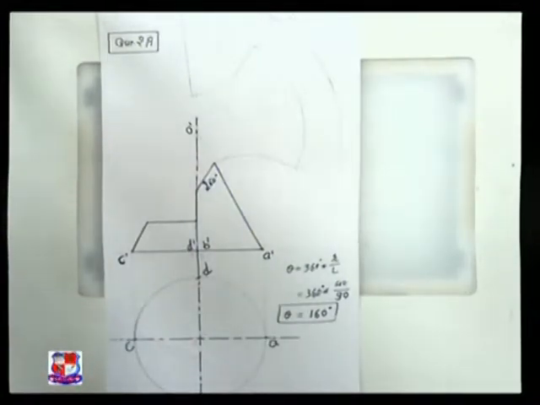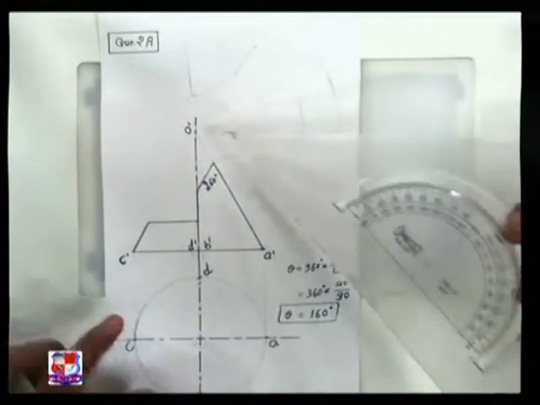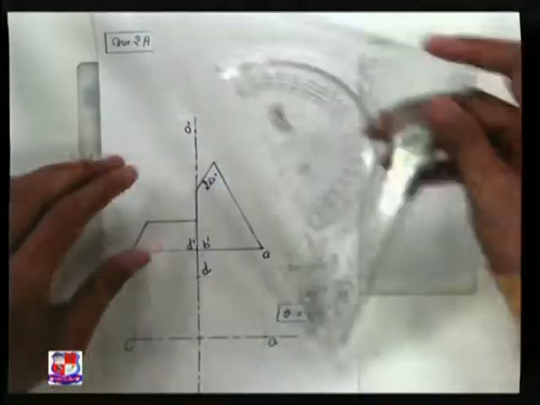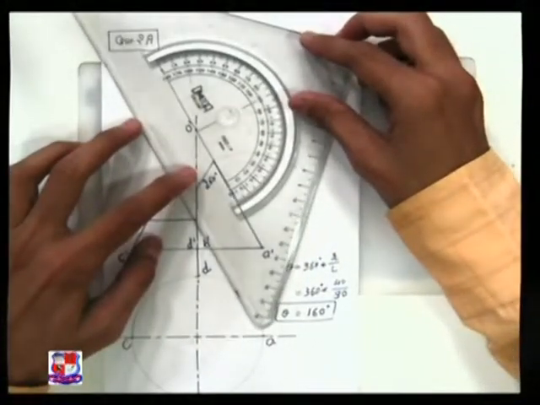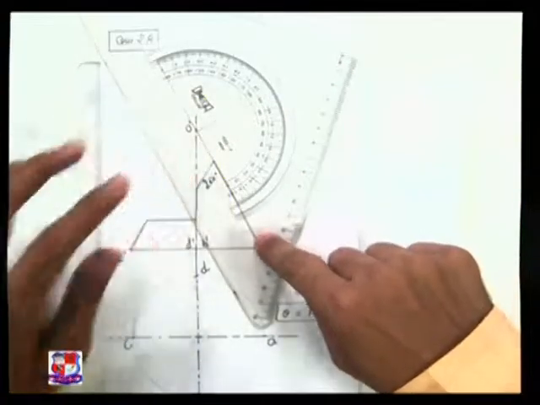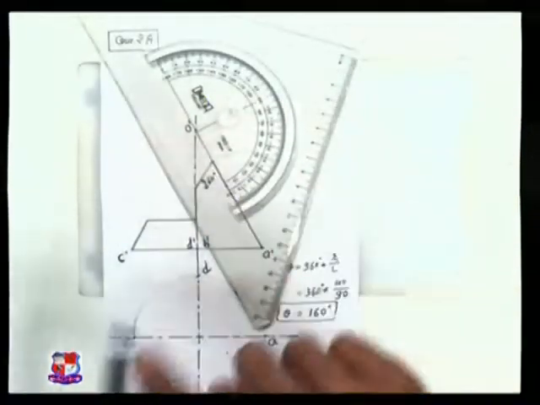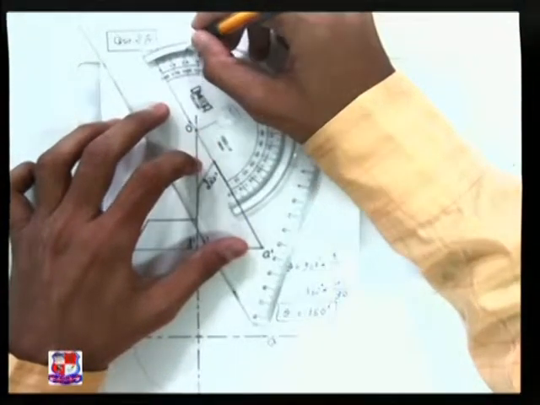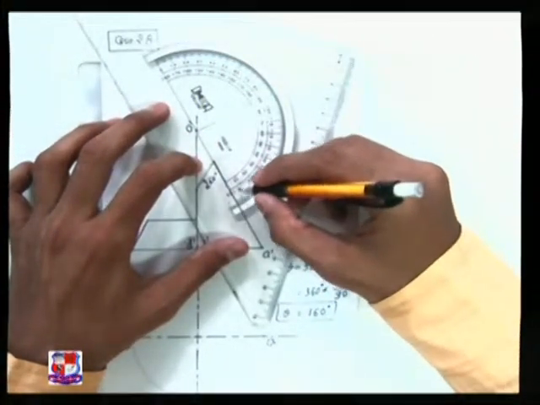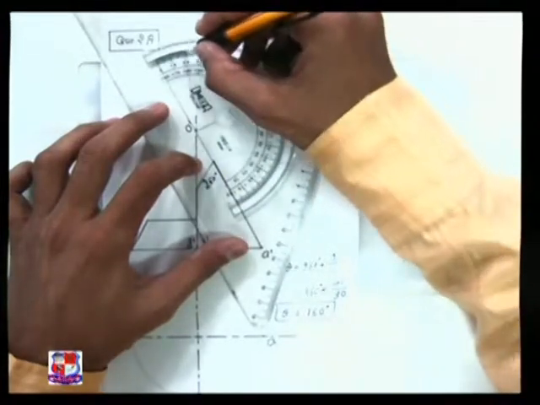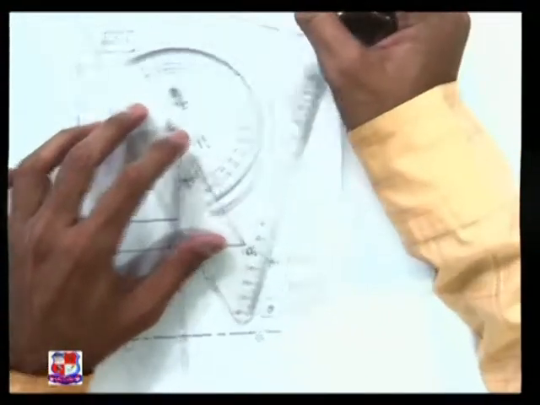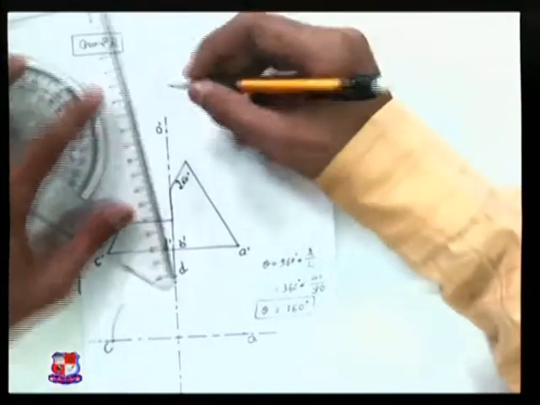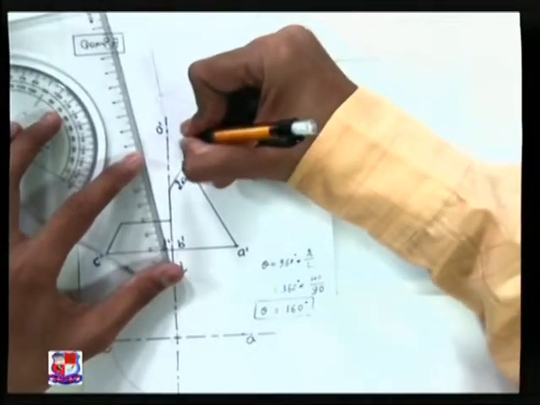So now with this edge we start opening this cone from O dash A dash. From this edge O dash A dash, let me take the first line. With this line, draw a line which makes an angle of 160 degrees with this. So put it over here: 10, 20, 30, 40, 50, up to 160. So the point is somewhere here. From this O dash, draw this angle like this.